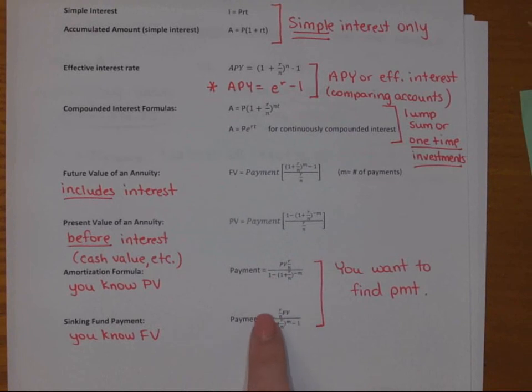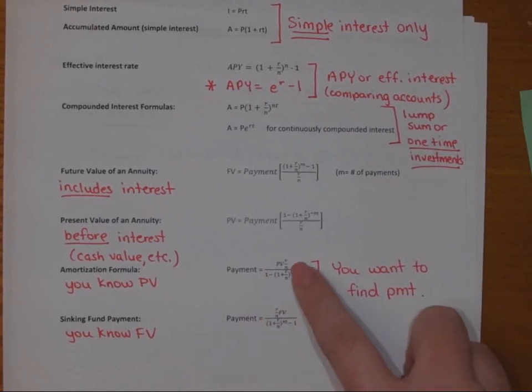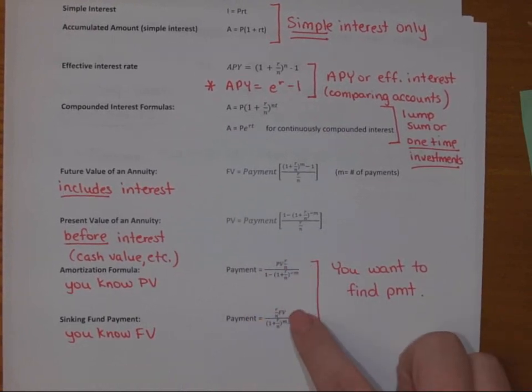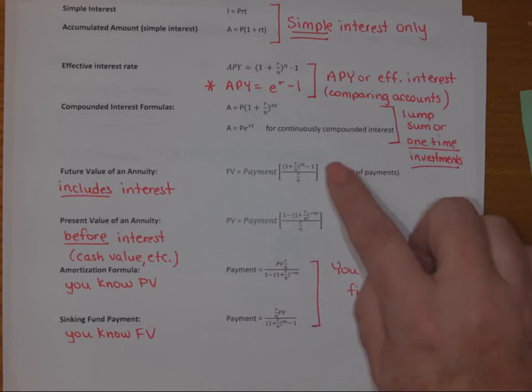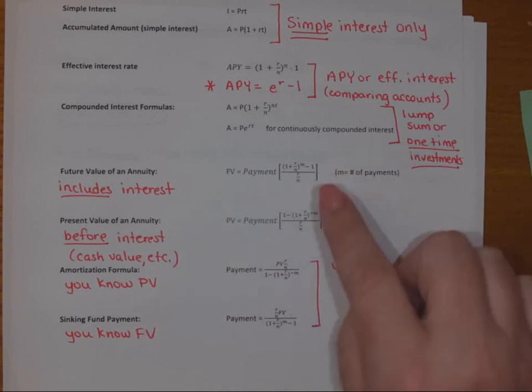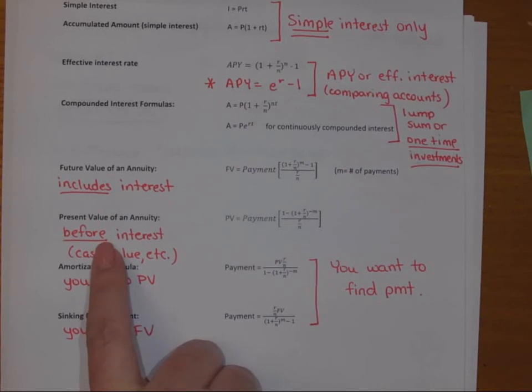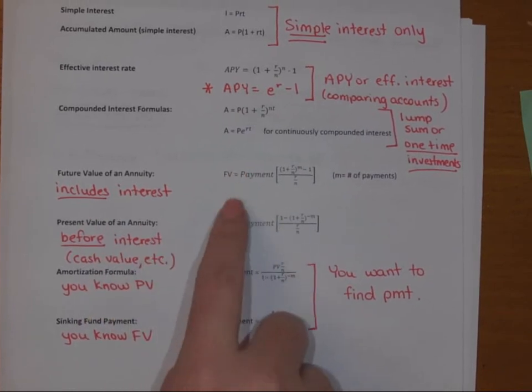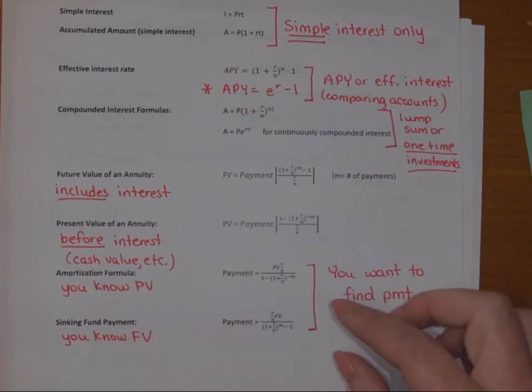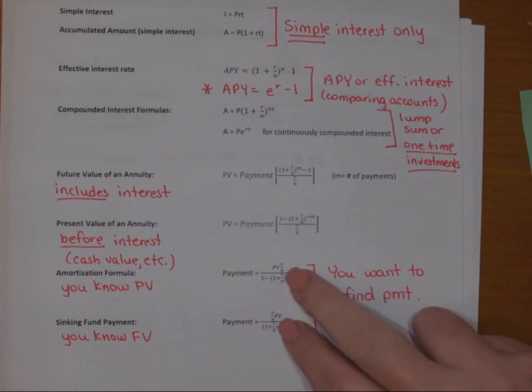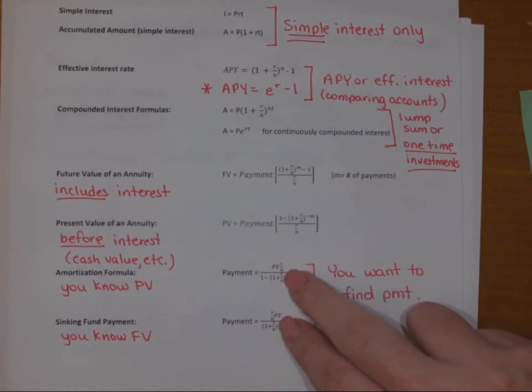Notice, if you want payment, there's only two options. It's either do you know present value or do you know future value? If you know the payment and you want to find either the ending amount, which would include interest, or the beginning amount, which would be before interest, then you pick between these two. Notice they're actually in pairs. These two are in pairs. You pick between these if you want to know the payment.